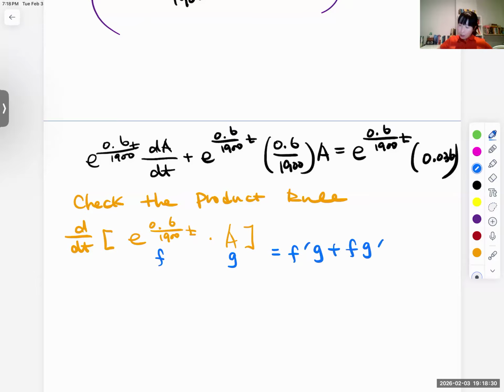Okay. F prime. So F prime will be e to the 0.6 over 1900 t times 0.6 over 1900.